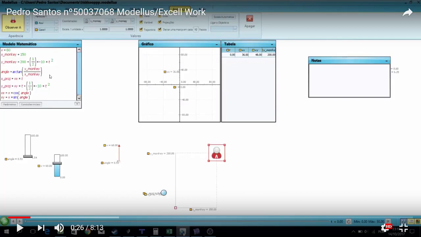It's to reverse a tangent value to its original one. I'm sorry if I got that wrong, but that's the best way I can explain it in English. Here's the Y monkey divided by X, and that's the value you need to arctan to get the angle we want.